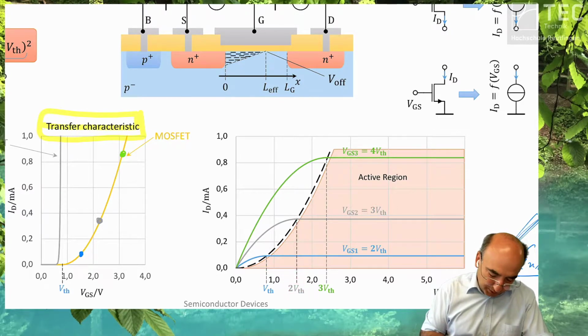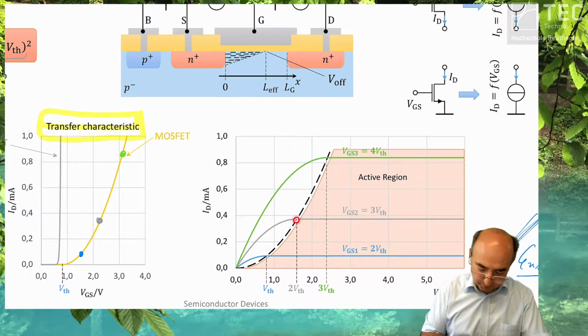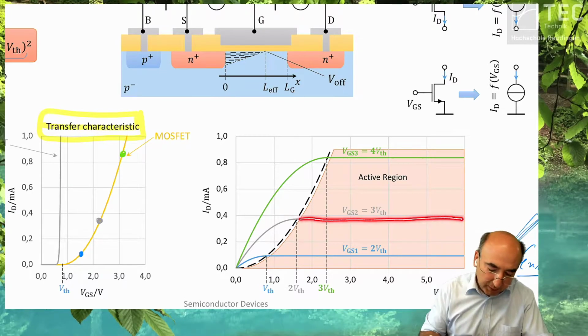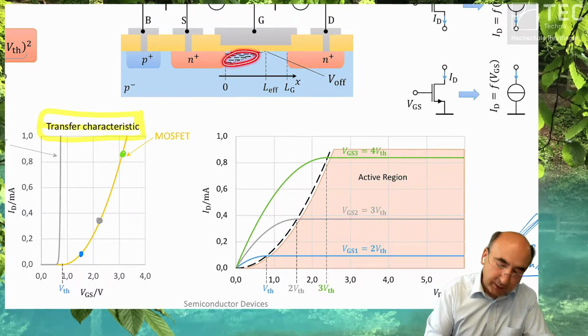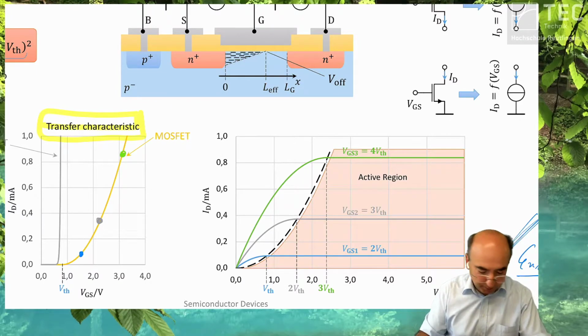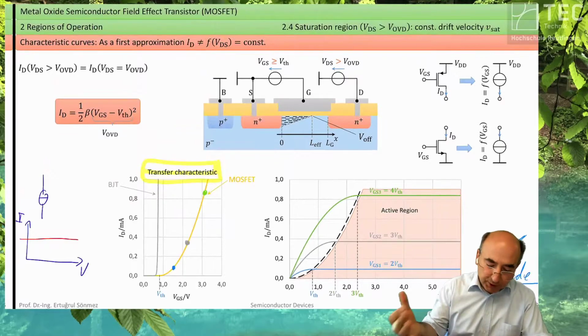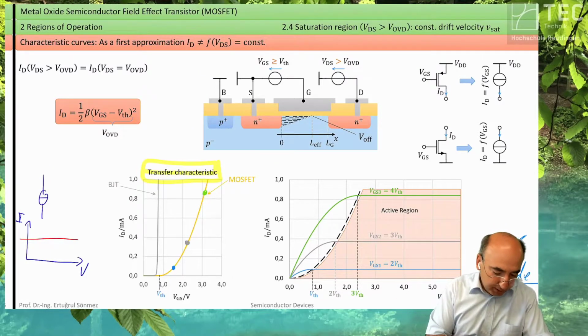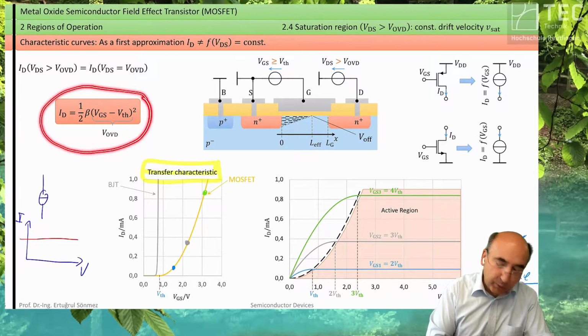Then you pinch off the channel and you assume that the current is constant, because the available current is provided by the channel. How much current is the channel providing? It is provided by this equation here.